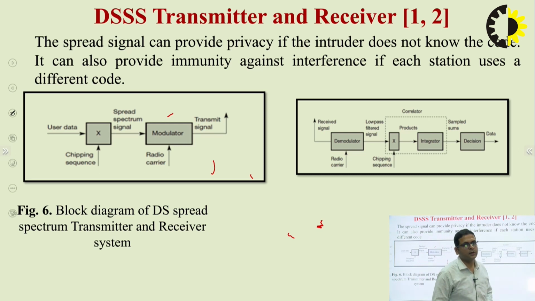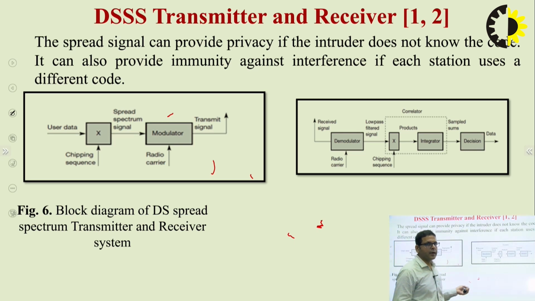After the integration, we get the integrated values, and the value is compared in a decision device. In the decision device we set a threshold. If the value of integration is greater than the threshold, a decision is made in favor of symbol 1, and if the value falls below the threshold, a decision is made in favor of symbol 0. So, this is the basic working of the direct sequence spread spectrum technique.